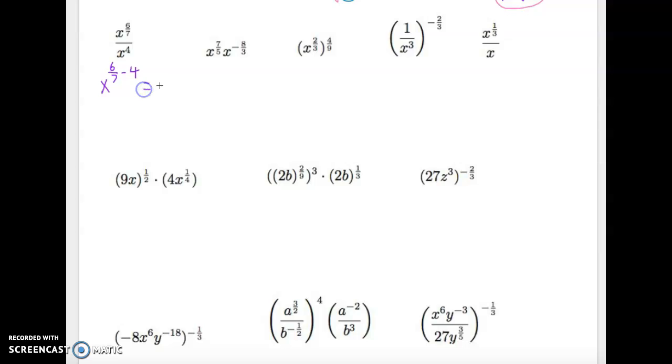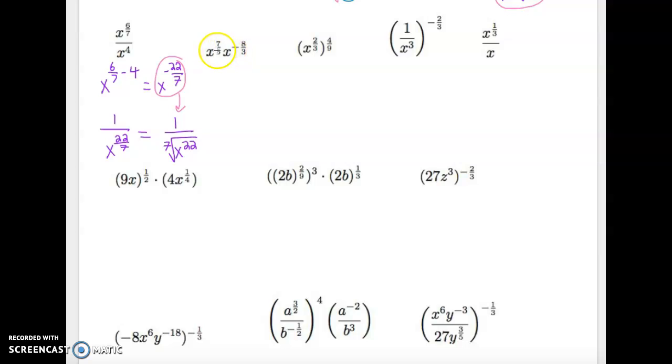So really this is giving me x to the negative 22/7. When you have a negative exponent, that means we're living on the wrong side of the fraction, technically. So we can move it to the denominator. Then I'll have 1 over x to the positive 22/7. And then to write our answer all the way, we rewrite it in radical form. So x to the 22, your power, over your index, which is 7th.